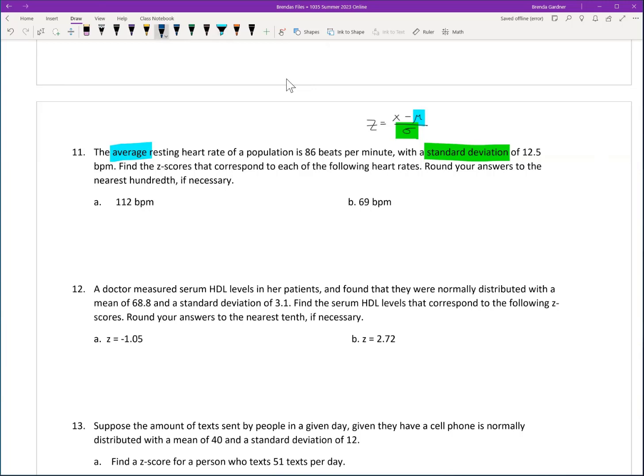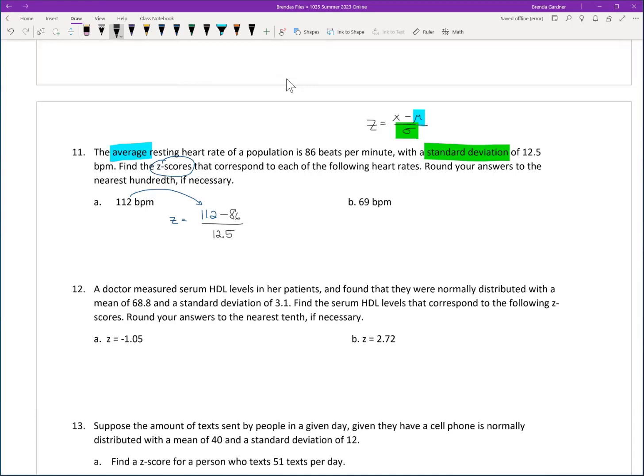Once I know that, question number 11 is basically a plug and check. So if I want to find the z-score, I'm going to say z, that's what I'm trying to find, is equal to my data point, 112, right, beats per minute, minus, and now I look for the average, which was 86, and then I divide it by the standard deviation, which is 12.5.